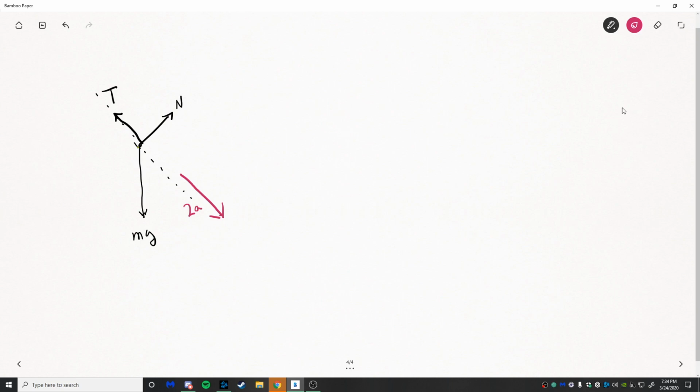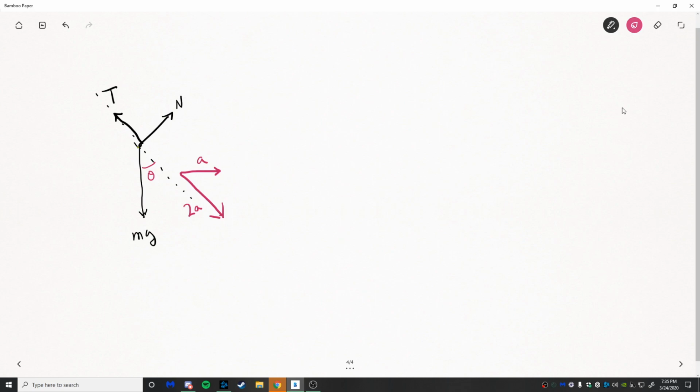And in addition to that, it also has an acceleration that goes this way. Since this angle here is theta, this angle would be 90 minus theta right here, right?